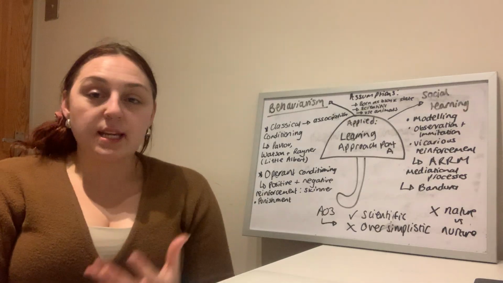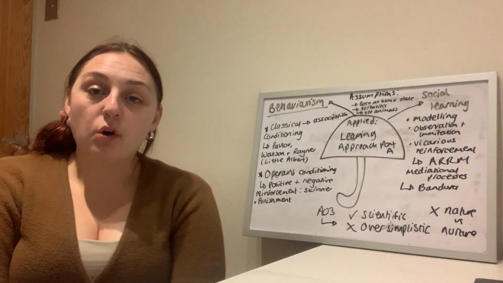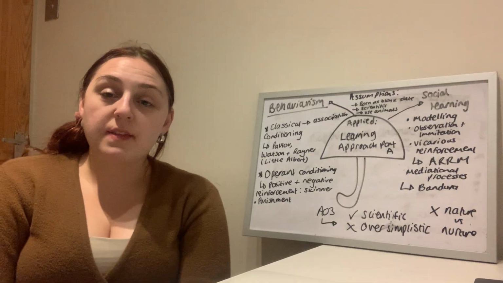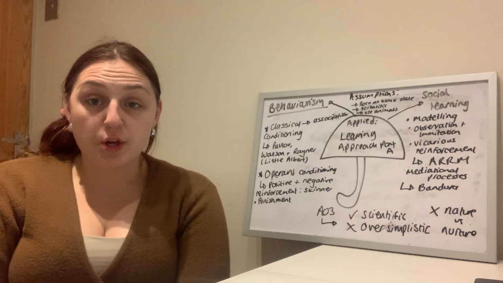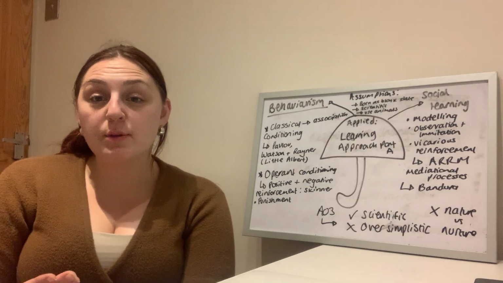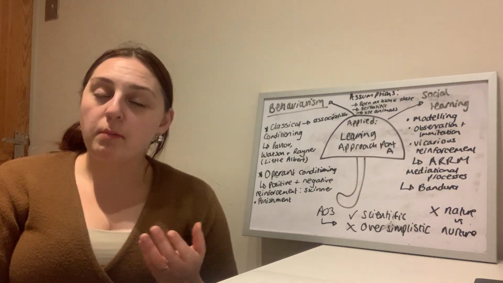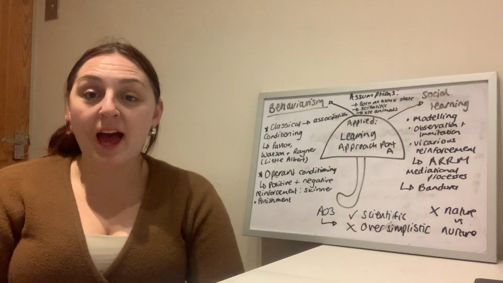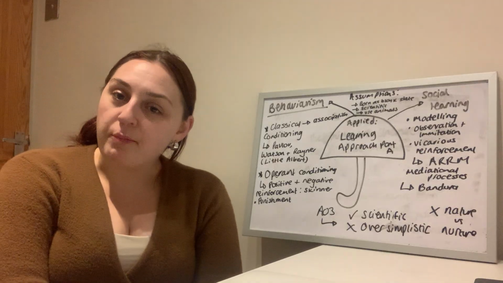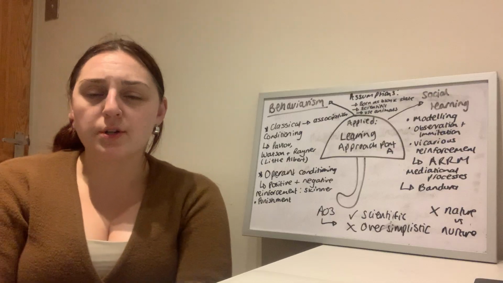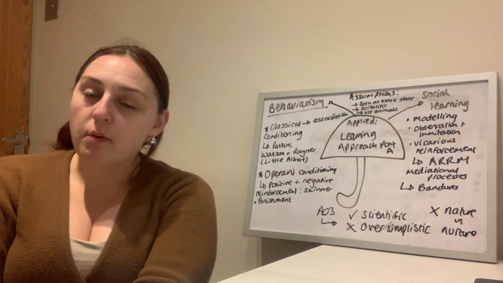But when using it to demonstrate modelling, the key thing to talk about with Bandura's Bobo doll study is that when the children were split into their 2 conditions of observing either a pleasant role model playing nicely with the doll versus an aggressive role model, what was really interesting is it didn't matter which role model they had, whether they'd witnessed an adult playing nicely, whether they'd had no role model, or whether they'd had an aggressive role model.